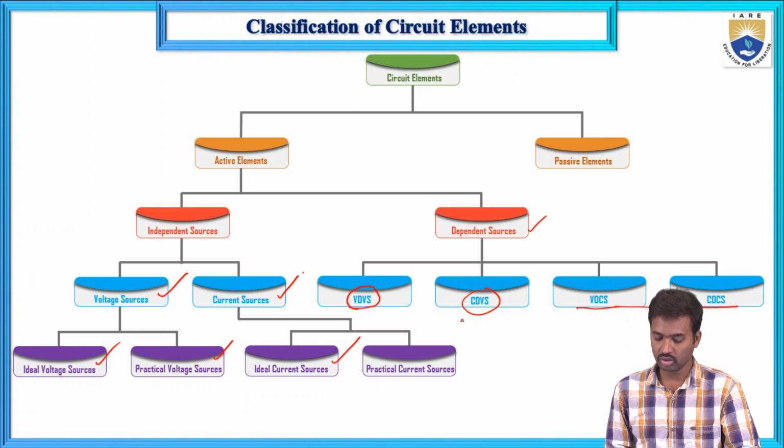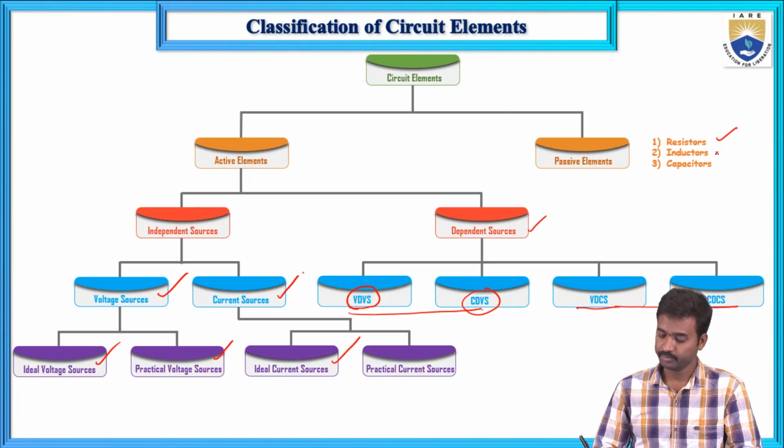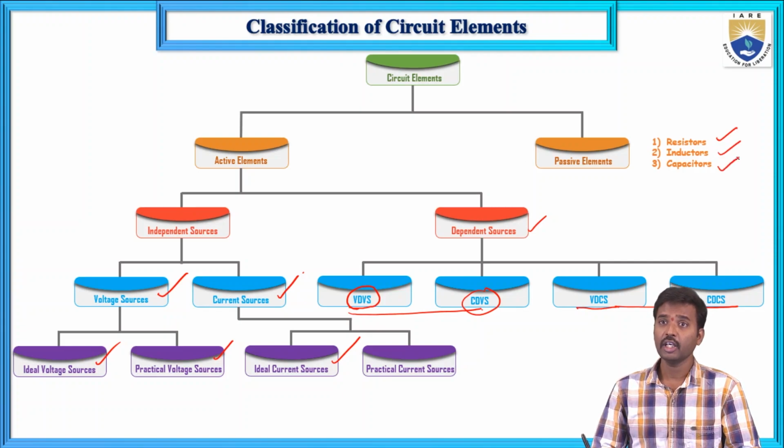Two of these are current sources and two are voltage sources. Now what about the passive elements? Passive element examples are resistors, inductors and capacitors.